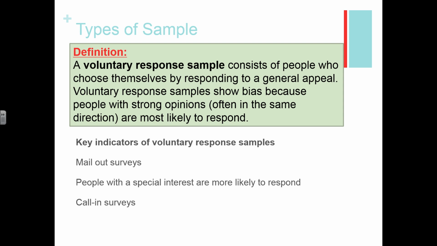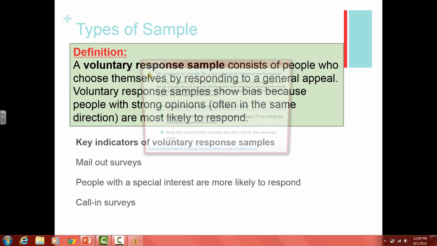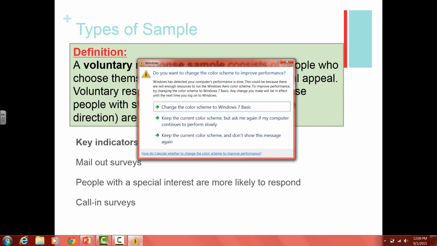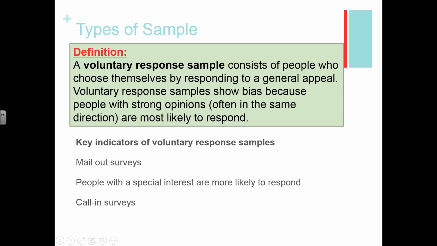Now what you need to understand, a voluntary survey is not necessarily a good thing, because 9 times out of 10 the people that do the voluntary surveys are the ones that have a vested interest in whatever the survey is about. So again, a voluntary survey is not really the best method of collecting a sample.